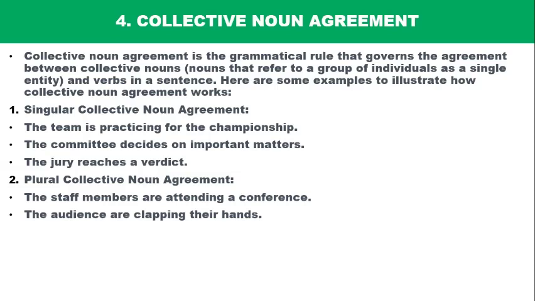Each individual member of the group is clapping his or her hands. So in this case, you look at them as individuals, and that is where you use the plural verb.